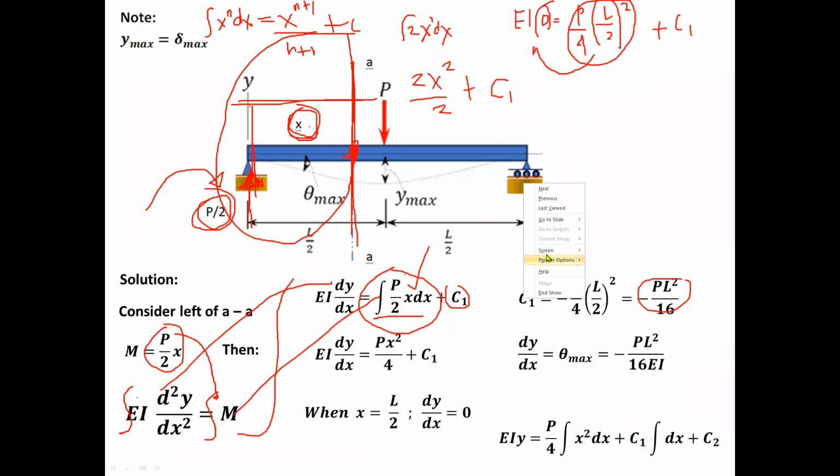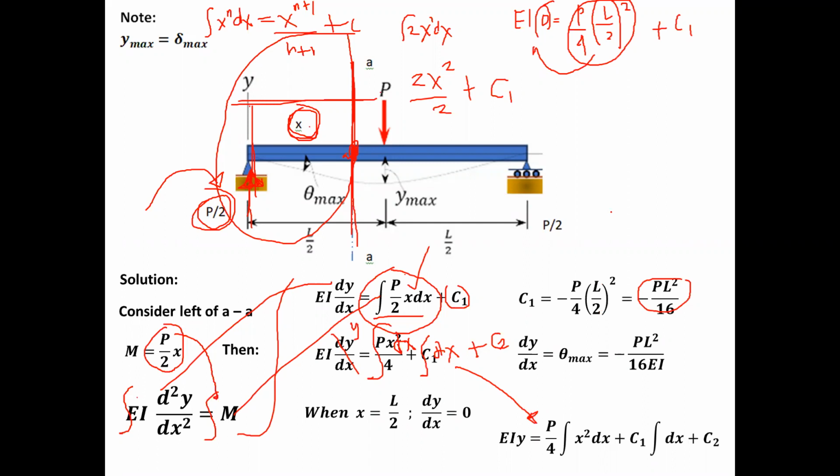Balikan ko, no? Integrate ko uli yan. Kapag in-integrate ko yan, magkakaroon ng dx. Integrate ko uli ito. Pag in-integrate ko yan, magkakaroon din ng dx. So, mag-a-add ako ng c sub 2. Kapag in-integrate ko ang dy over dx, magiging y na lang. That's why we have arrived with this.